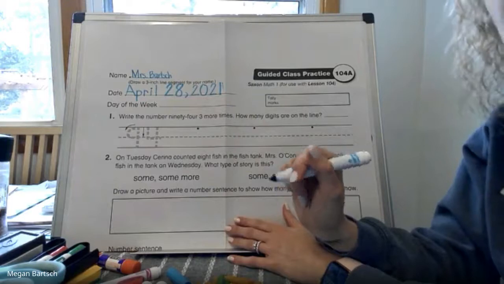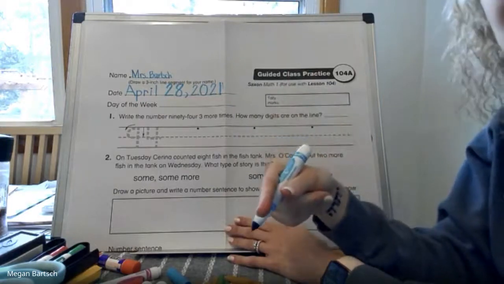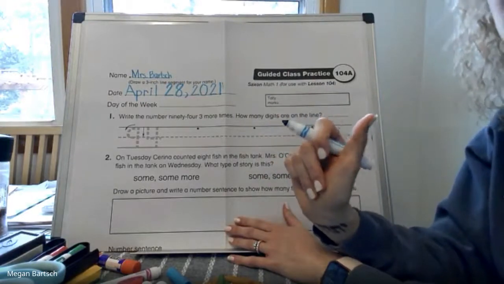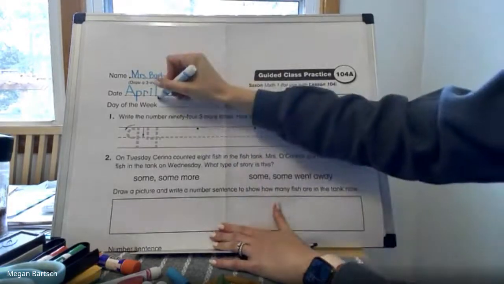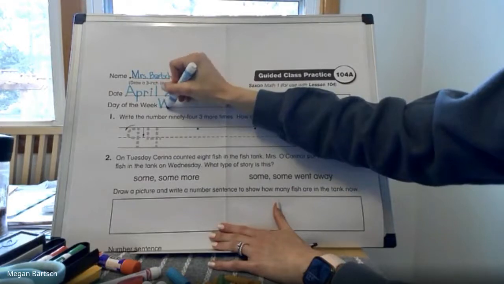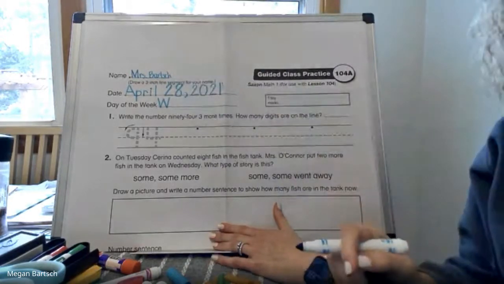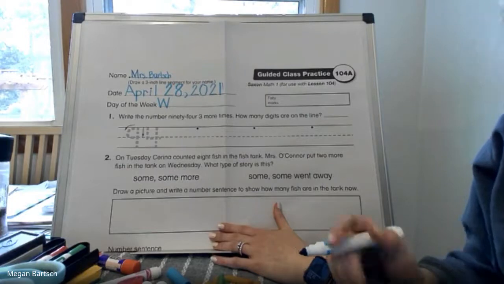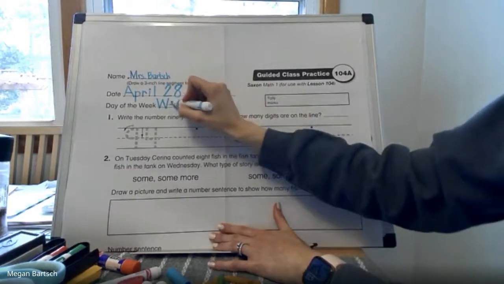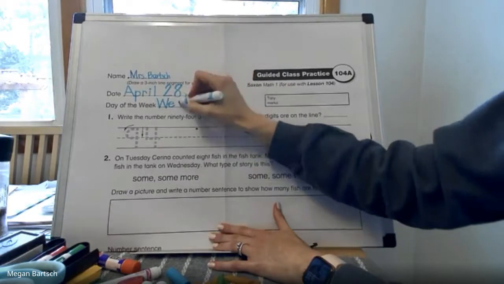Wednesday. My turn. W-E-D. So we need to write that. So uppercase W goes down, up, down, up. And then your E. And then your D.